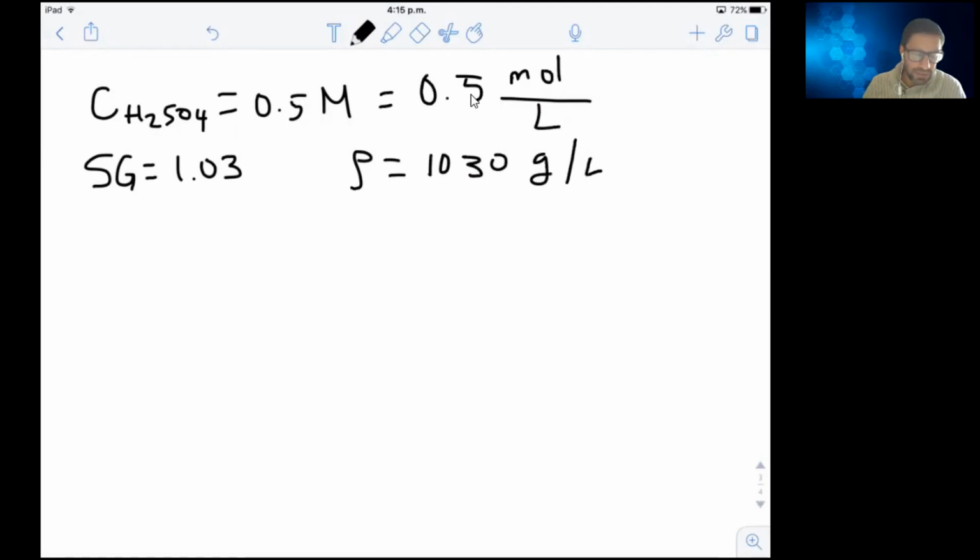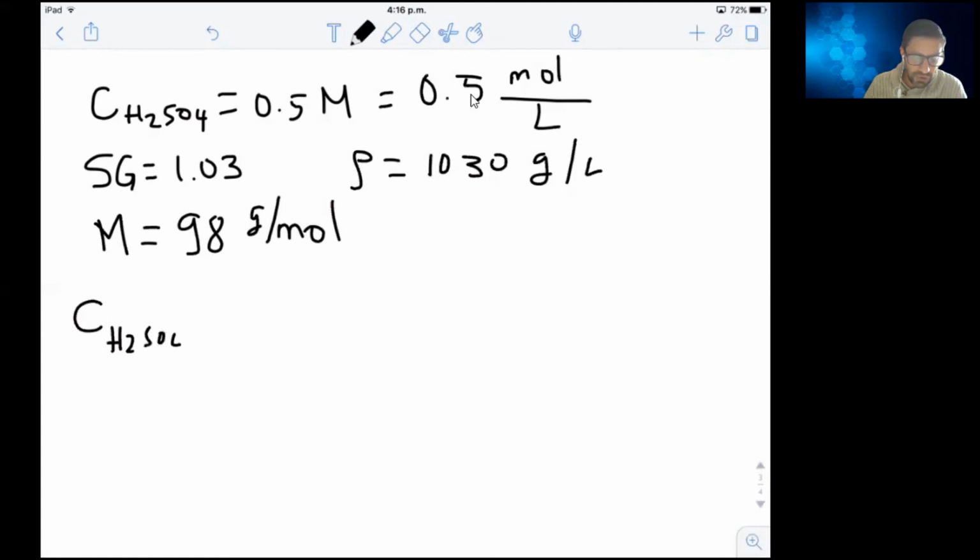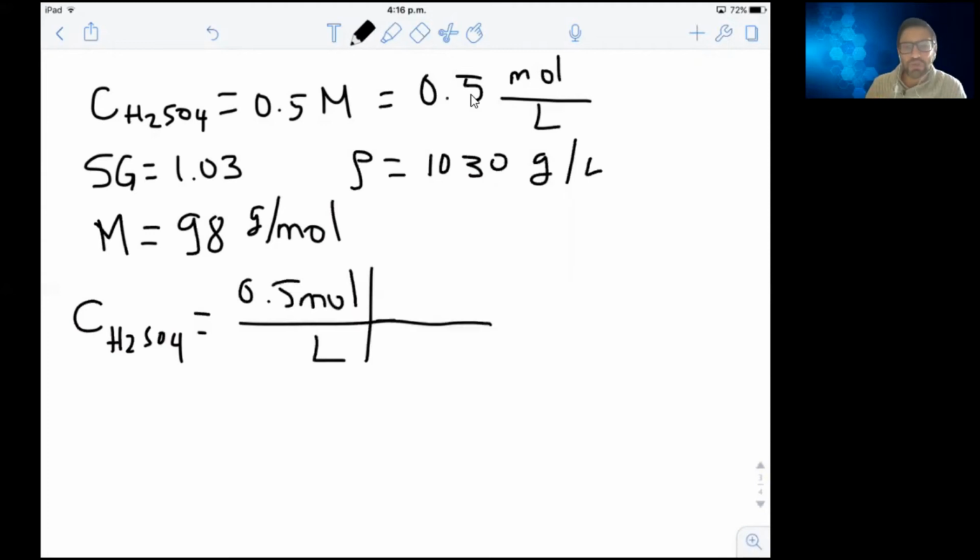So if you want, let's say, the mass concentration, you can find that the molar mass of this sulfuric acid is 98 grams per mole, so that the concentration, but in this case mass concentration, is going to be equal to 0.5 mole per liter, and then these moles you have to turn into grams.